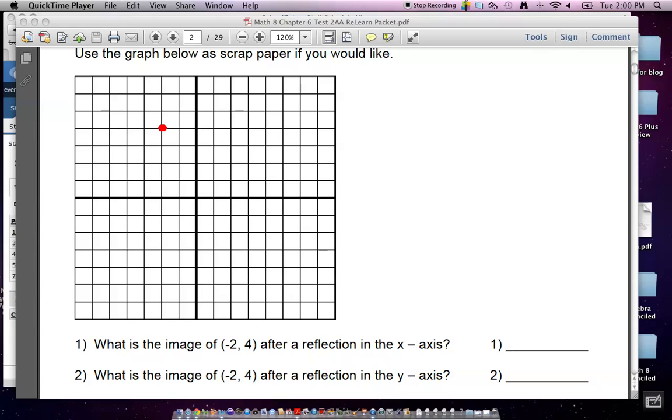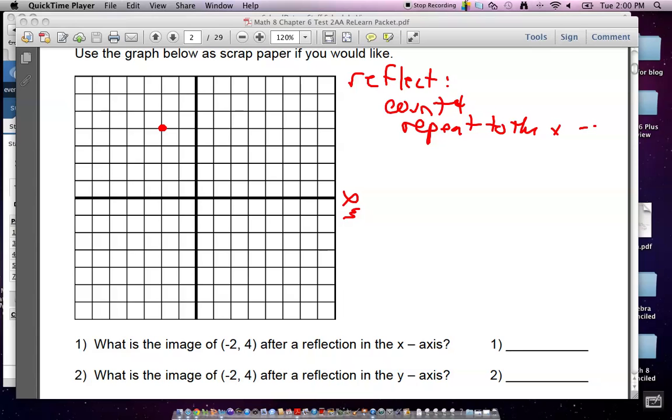Now first I want to reflect over the x-axis. Now remember, this is the x-axis. When we reflect, we always remember the terminology count and repeat to the, in this case, x-axis. We also think of it as flipping. So if I want to count and repeat to the x-axis, I'm going to go 1, 2, 3, 4, repeat 1, 2, 3, 4.